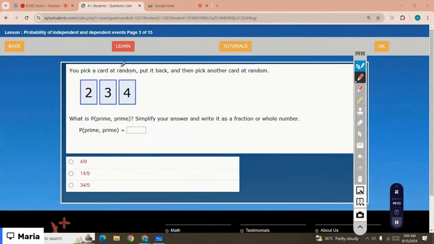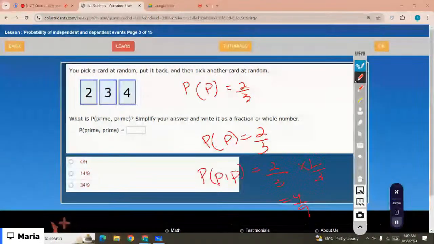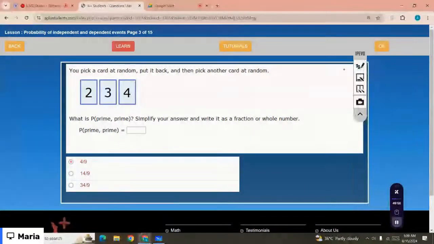Prime numbers are the numbers that are only divisible by themselves, right? So 2 and 3 are prime. So the probability is 2 out of 3. For the second time, you again have all 3 cards, so the probability is the same, 2 by 3. So you need to find that, which is 4 over 9. Option number 1 is the correct option.